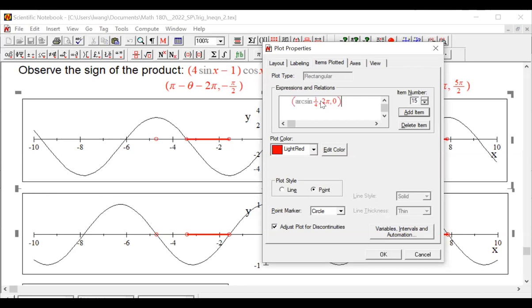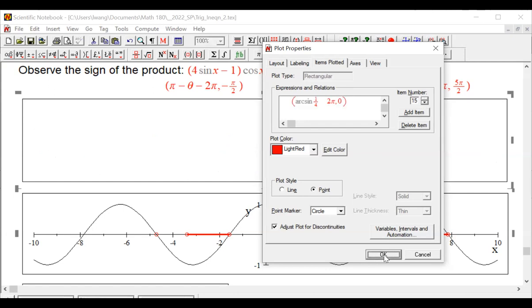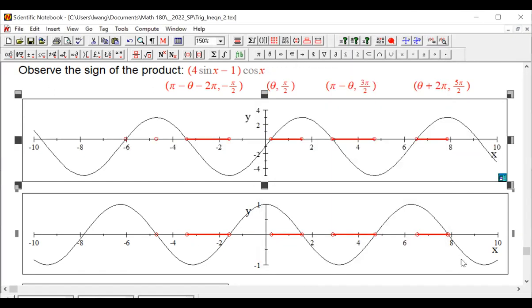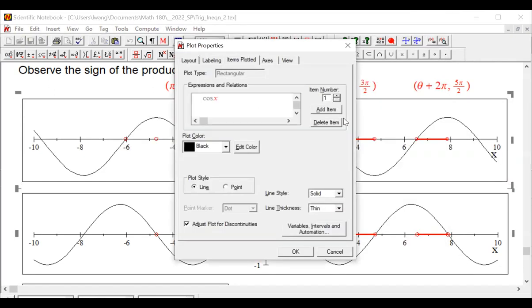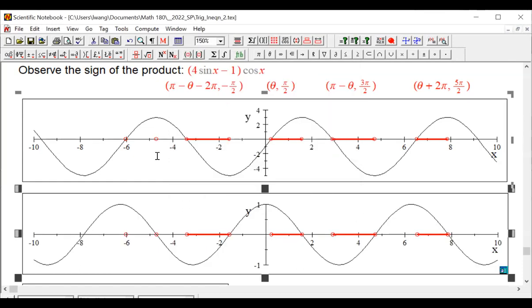Oops, minus 2 pi, I'm missing something. Right there, you see? And in the same place, I'm going to have that red circle as well. Between these two circles, that piece is positive and that piece is positive, so positive times positive is positive. So I just have to mark the entire interval.